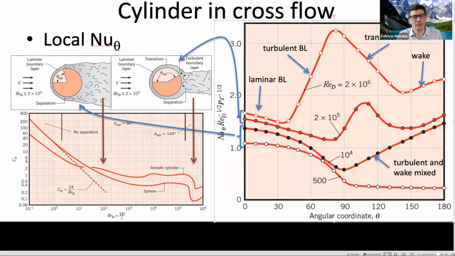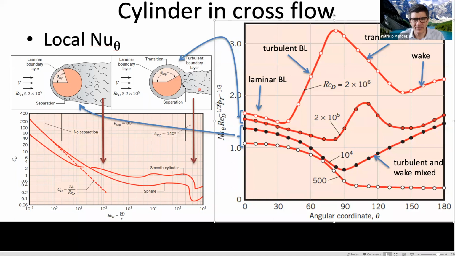So in a golf ball, you have the dimples to trigger turbulence such that the turbulent boundary layer sticks and doesn't have a wake. And for that reason, the aerodynamic drag is lower, and that's why the ball can go farther. If you have a golf ball that has no dimples, it's gonna go nowhere, right? That's why we have dimples in the golf balls.